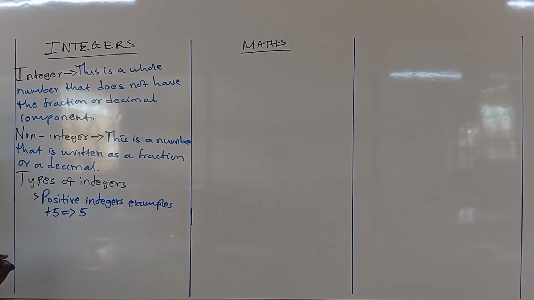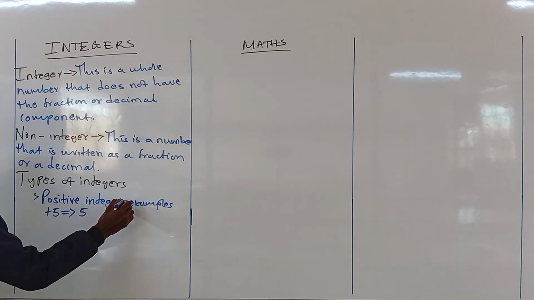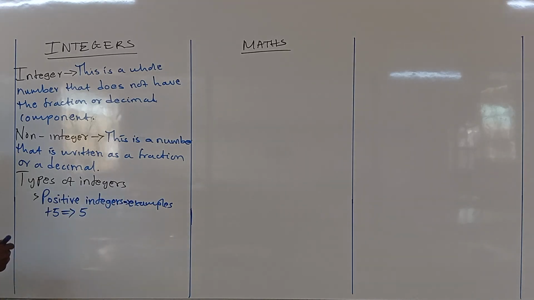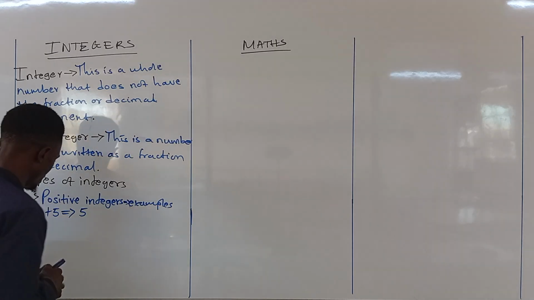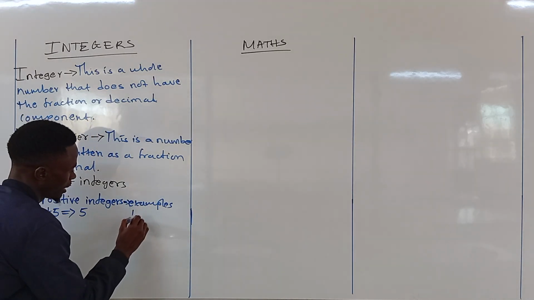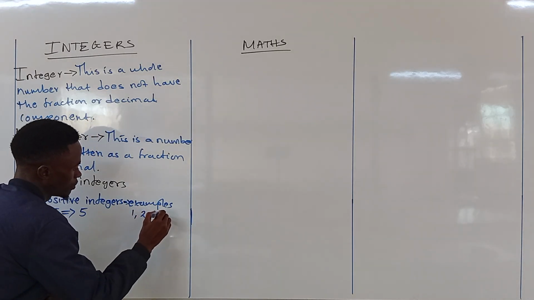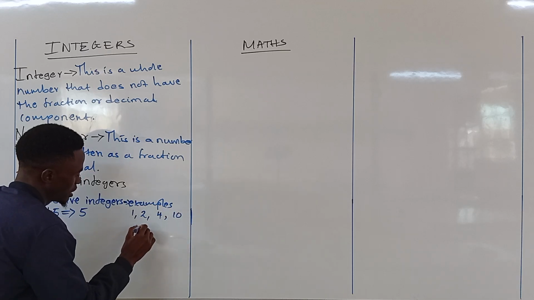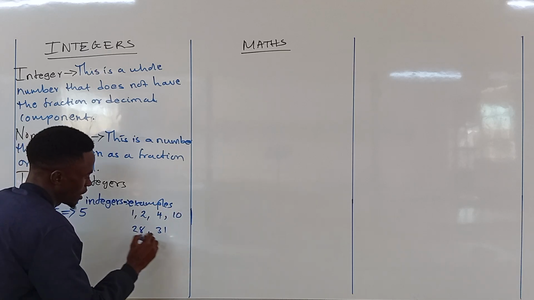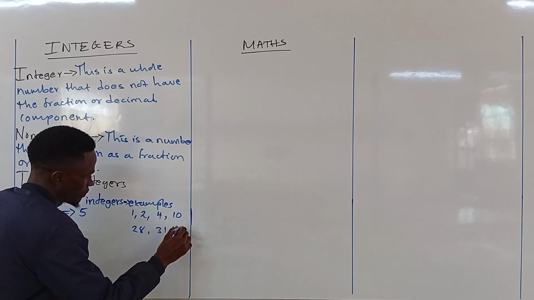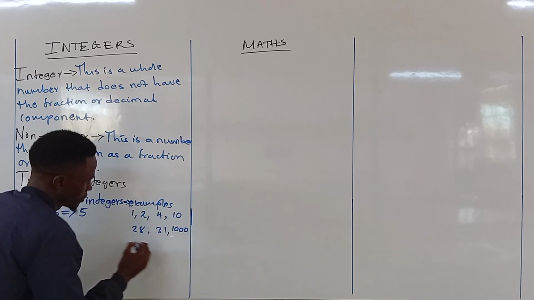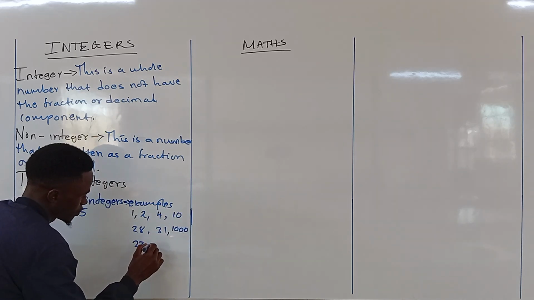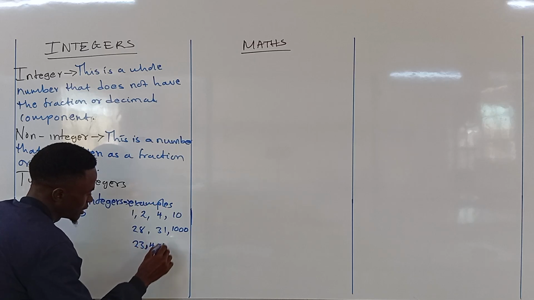So examples of integers that are positive include 1, 2, 4, 10, 28, 31, also 1,000, and also 23,491.